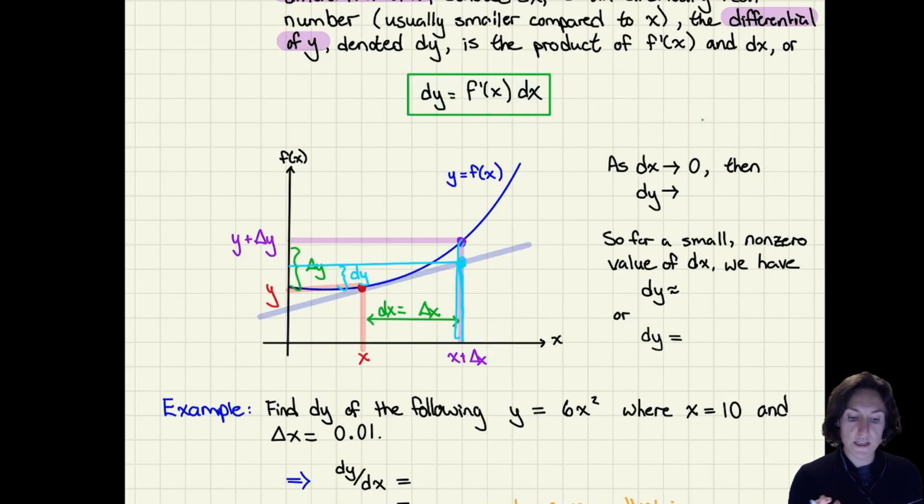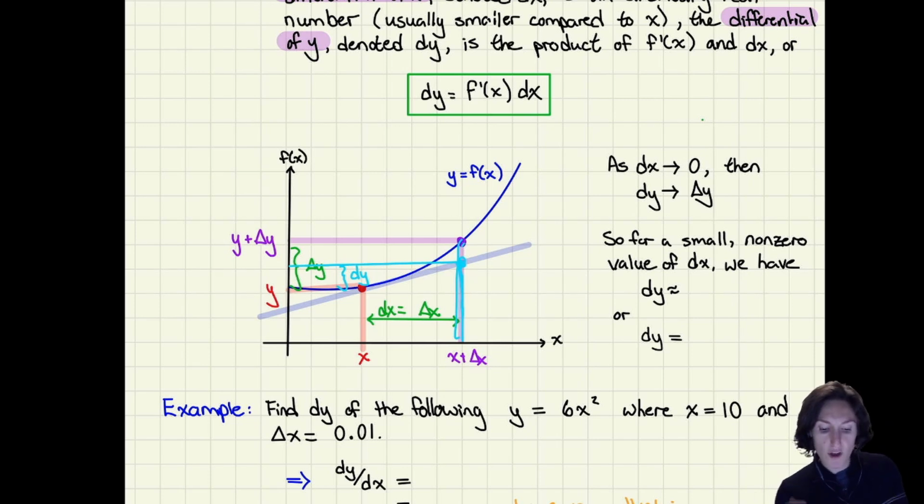The punchline is that the more the dx goes to 0, the more this dy is going to approximate delta y, because as this goes to the red line, this cyan part is going to go to the red line. So our dy would be approaching delta y.